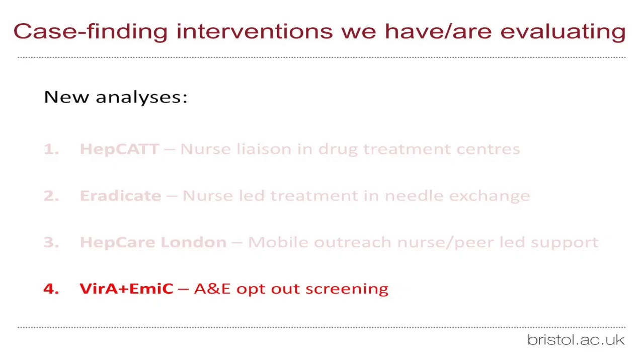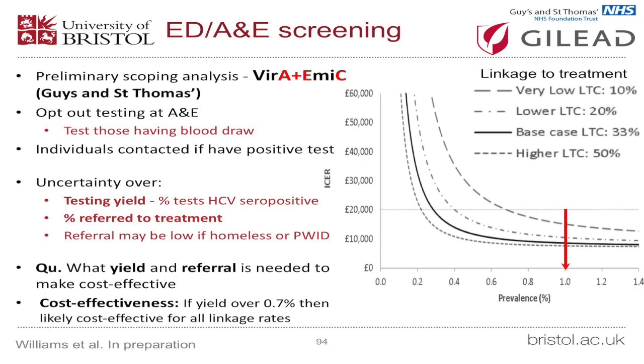The last one I'd like to consider is accident and emergency screening. This is the viremic project, which is undertaken in St Guy's and St Thomas's Hospital in London. This is an initial scoping analysis looking at whether this intervention could be cost effective because it hasn't been completed yet. There have been a number of interventions that have looked at the proportion diagnosed in accident and emergency and looked at whether they can be referred to treatment.